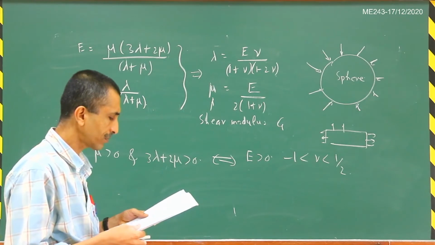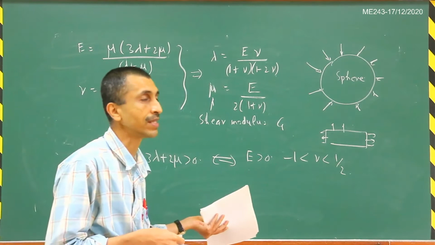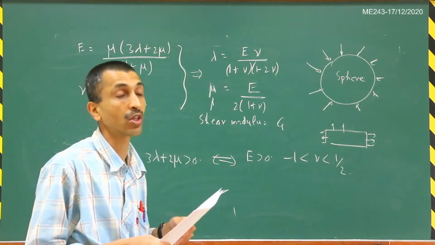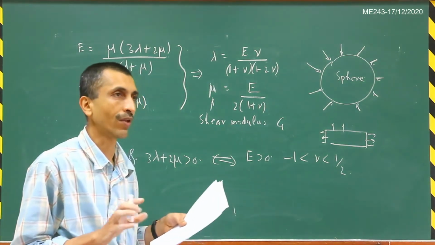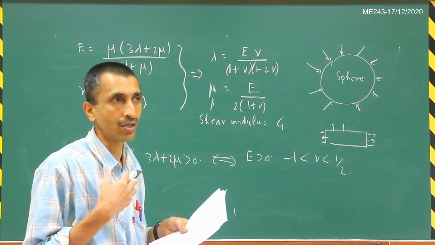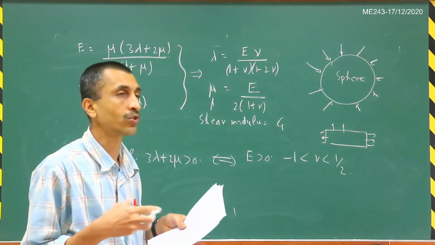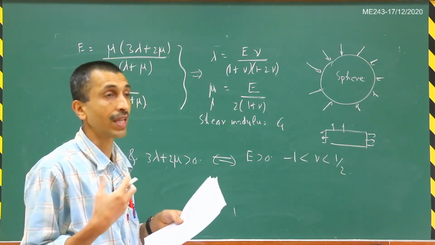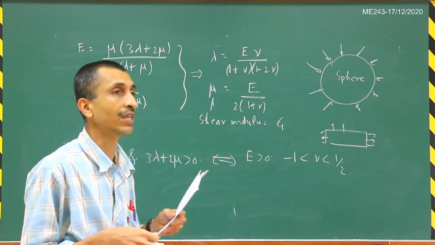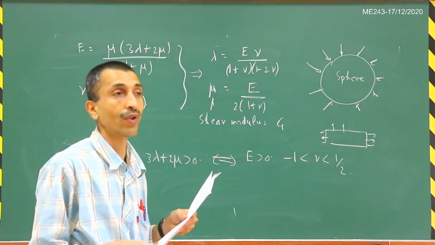The one important thing that I want to note at this particular stage is that these bounds that we deduced were based on thought experiments. We have this intuitive picture of what should happen when we conduct the experiment of simple shear or of uniform compression of a sphere, so these are based on thought experiments, but they are not deduced using the second law of thermodynamics. At a later stage we will see that if you take a fluid, for example, the bounds on the viscosity coefficients will come out of the second law of thermodynamics.